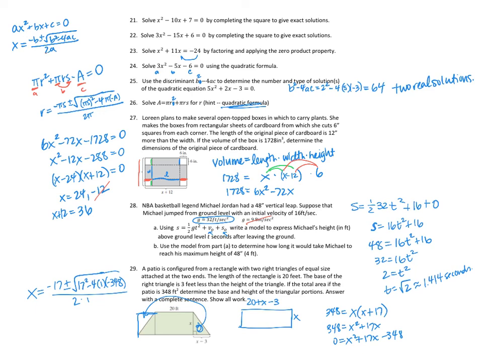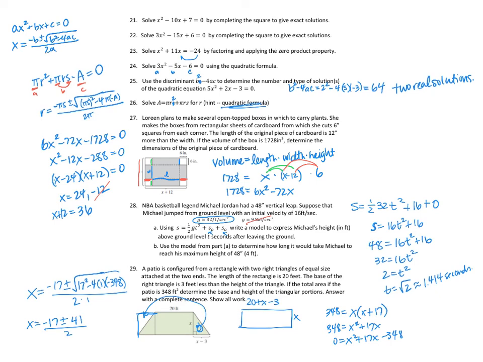So let's see what's underneath that square root. If we do 17 squared plus 4 times 348, that's 1,681. Let's see if that's a perfect square. I think it is. Square root of 1,681 is 41. So x equals negative 17 plus or minus 41 over 2.